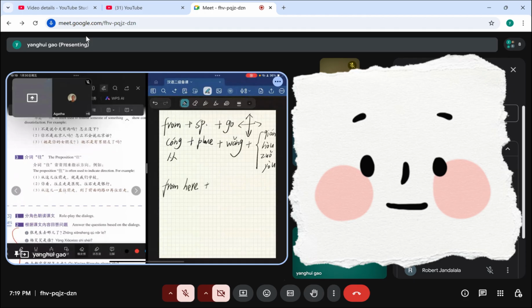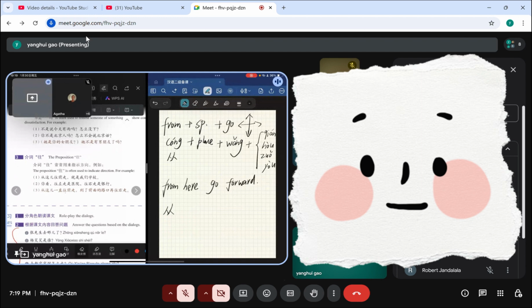So here we can say from here, go forward. From here, go forward.